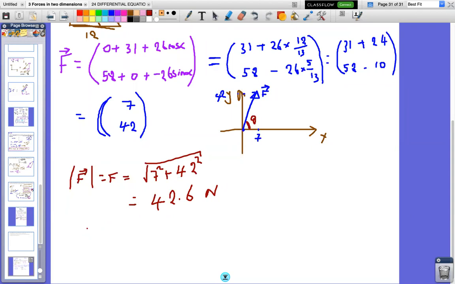Theta will be tan inverse of 7. Is it tan inverse of 42 over 7, or 7 over 42? Tan inverse of 42 over 7.